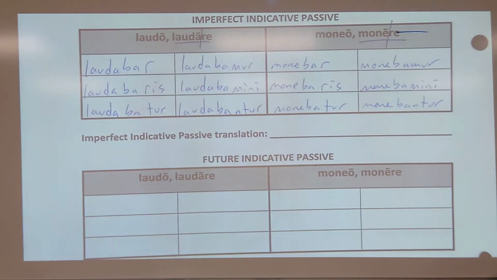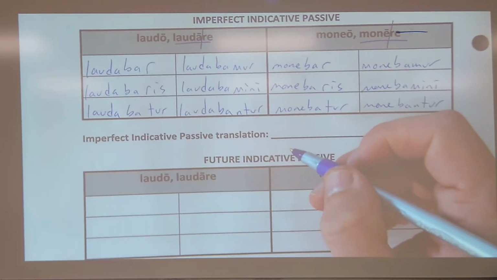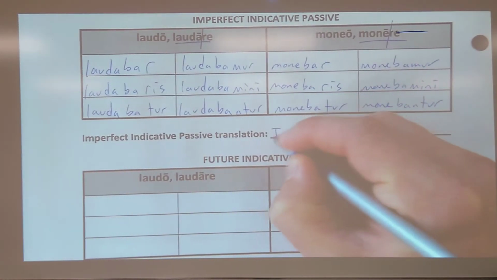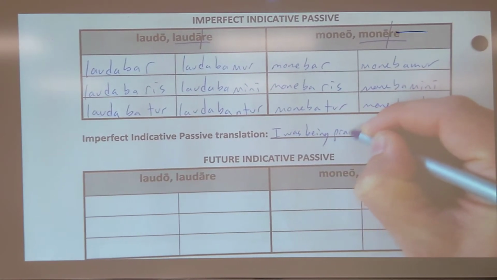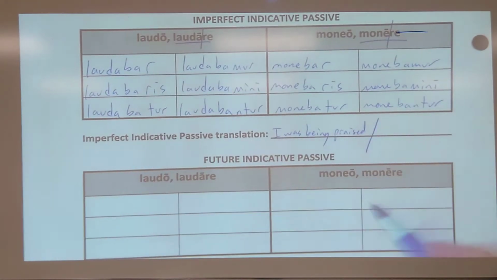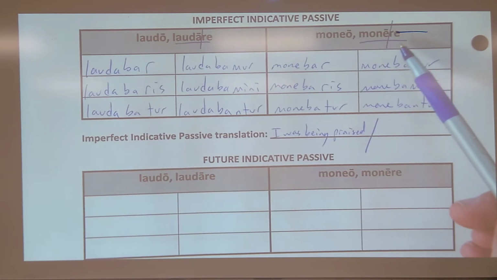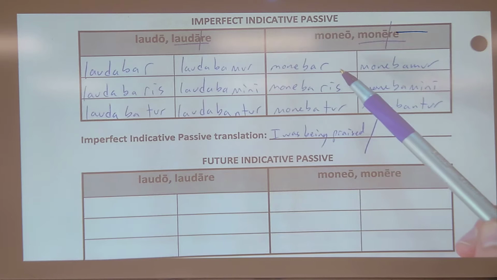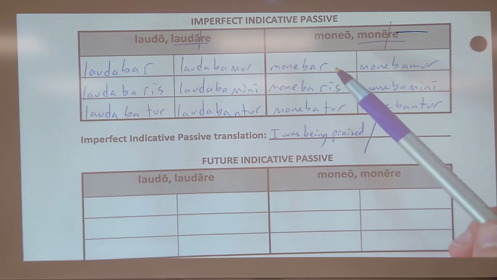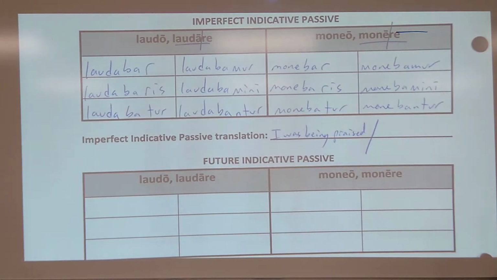But since we're making the subject passive, it will be I was being praised. Right? And then for moneo, monere, we do the same thing. Mone bam in the active would be I was warning, but in the passive, I was being warned.